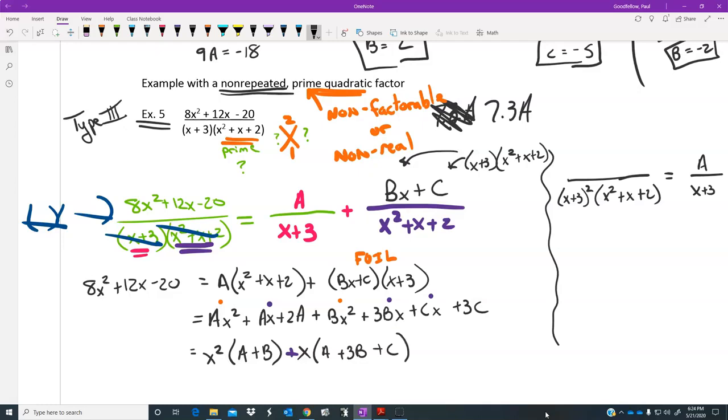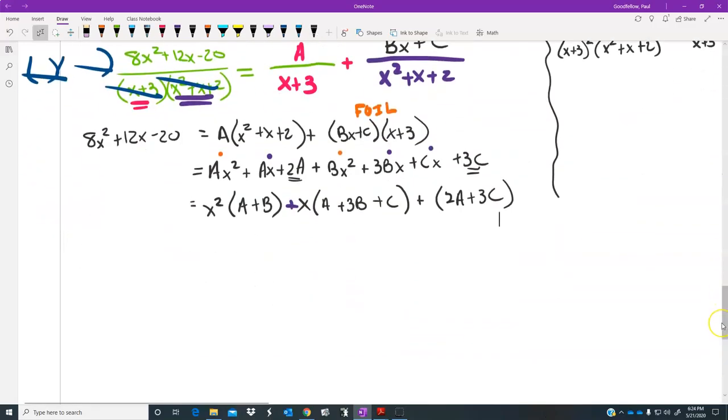And then the final concept would be, is there any constant stuff? And the constants are these leftover amounts, which would be 2A + 3C. Now, you've done a really good job of simplifying it. Now it's about equating to the left-hand side. 8x² + 12x - 20 is still left over on the left.